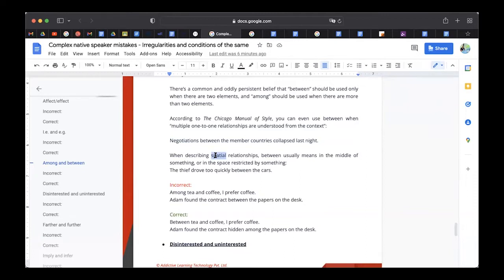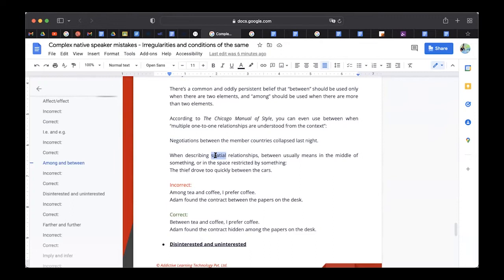That means right now my space and time is occupied by something. So when I say between in that context, I'm talking about a spatial relationship of my space and time. Is that clear? Yes, ma'am. Okay, thank you.